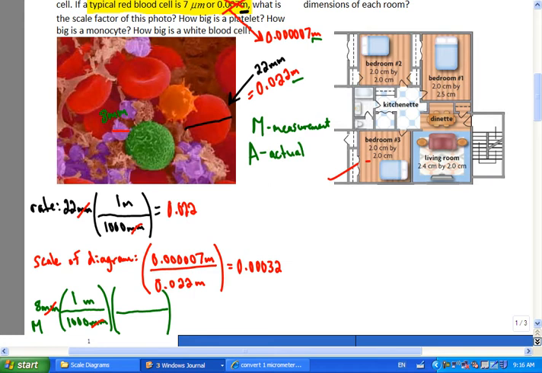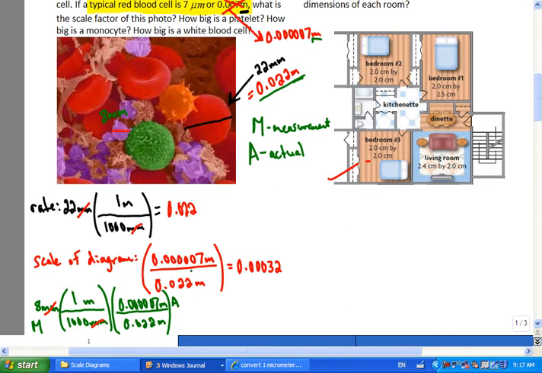Our units are in the measurement on the diagram, but we want to get our units into the measurements that are actually there. So there are actually this many for the actual amount, and the measurement that we got when we did it was 0.022.